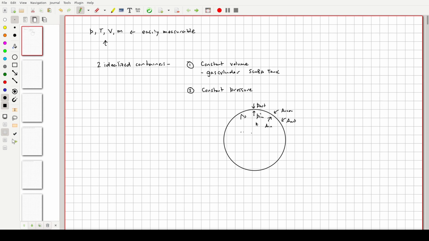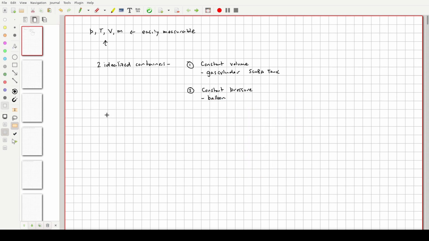So balloons are examples of things that hold gases at constant pressure if you can neglect, again, their thickness and the elasticity, okay, which is negligible in many cases. So a balloon is a good example of this.